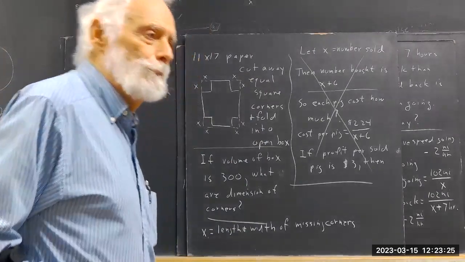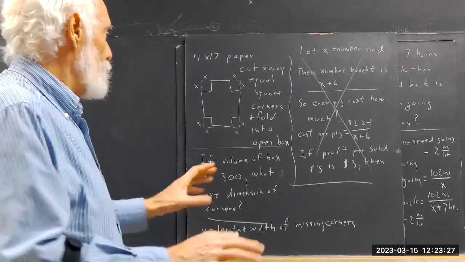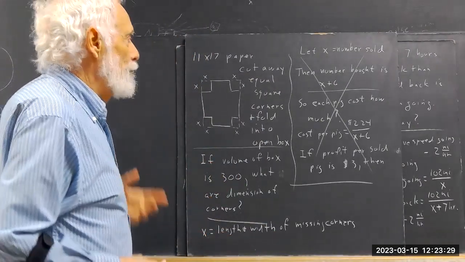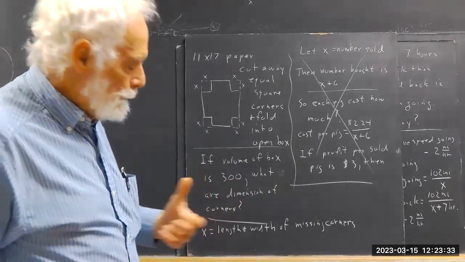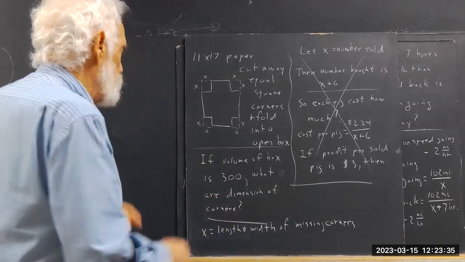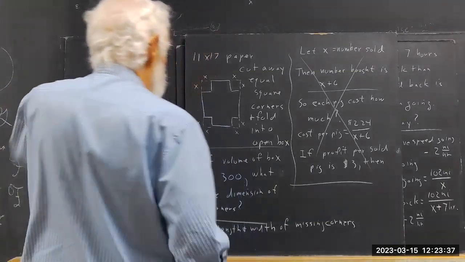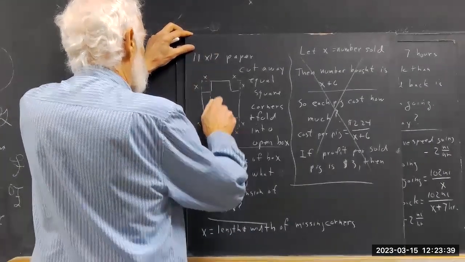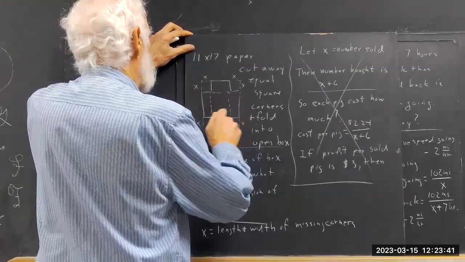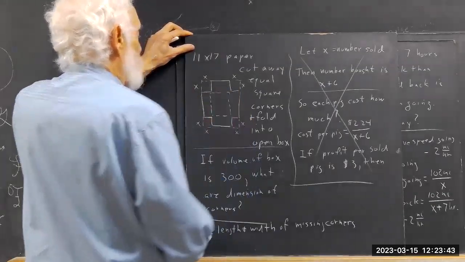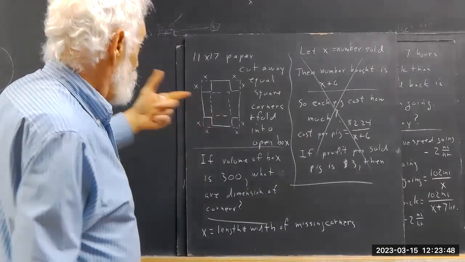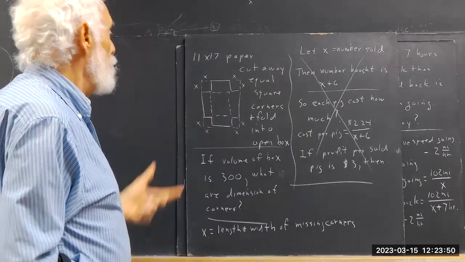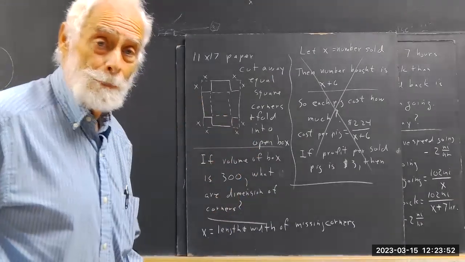Now, what I'm hearing is, do we have 11 minus X, or what do we have? If we go to the picture, we see that the base is right here. In terms of the information we have, what are the dimensions of the base?